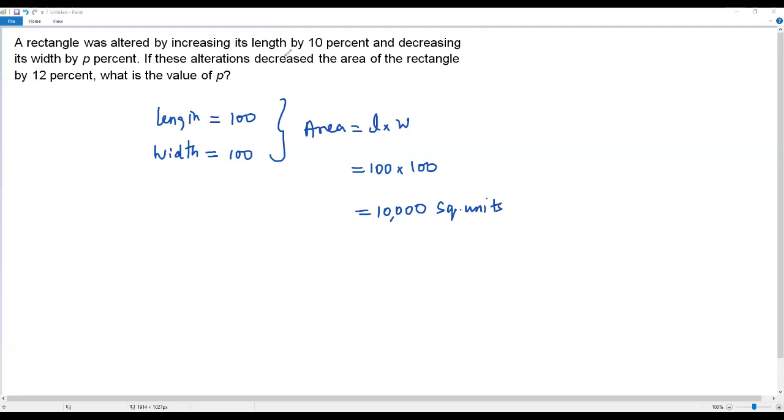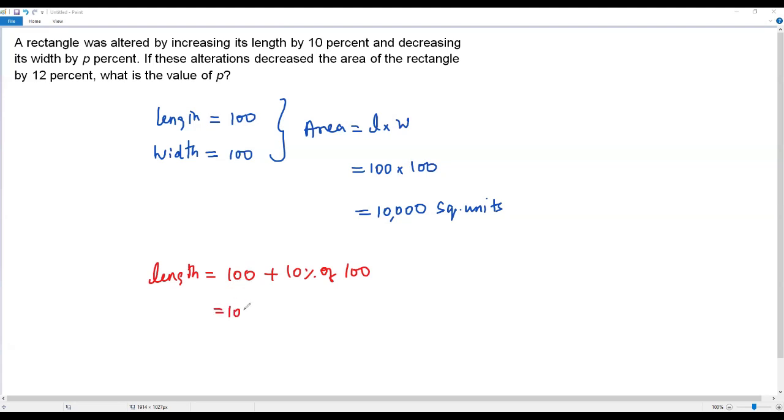That is, I'm going to increase the length by 10% and decrease the width by P%. The new length will be, so let me write over here, the old length plus 10% of the old length, that is 10% of 100. So I'm adding 10% of the original length to this 100 because the length is increased by 10%.